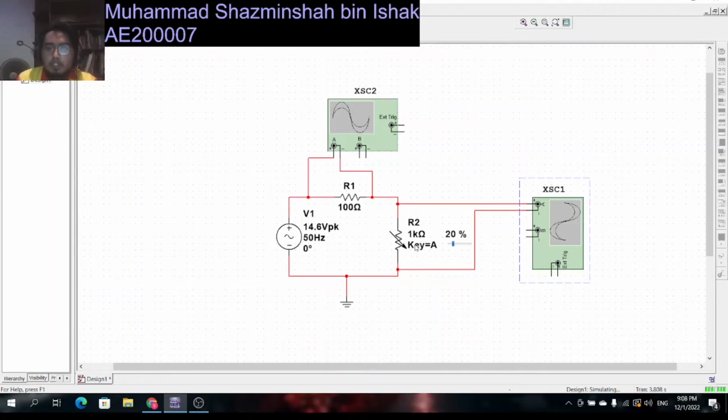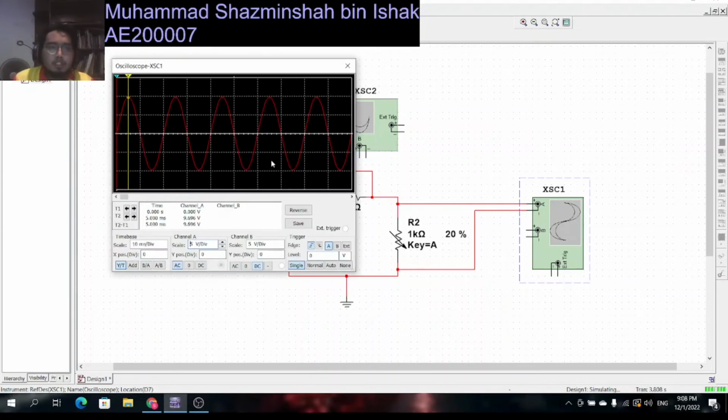To get 200 ohm, we set it to 20% of the 1 kilo ohm variable resistor. Then we run it. We see the graph at the variable resistor first.